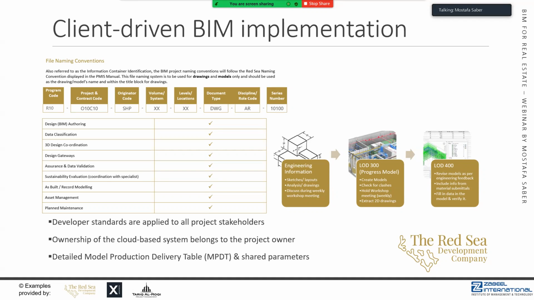We're also using these models in that project for as-built and recording the final state of the models. The last part is asset management and planning for maintenance. And this is really very important when it comes to these two elements. We'll talk about these in more detail, and I will show you examples of these.